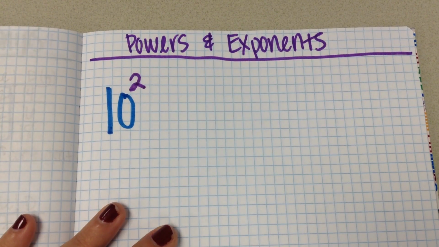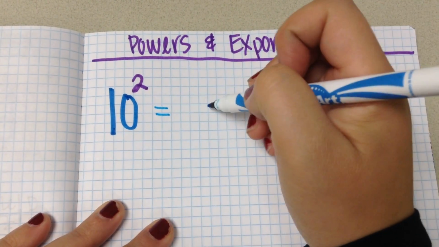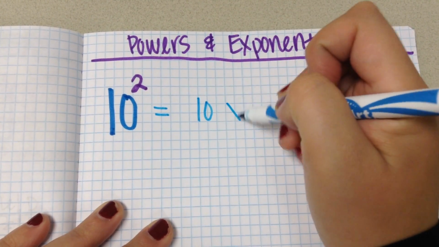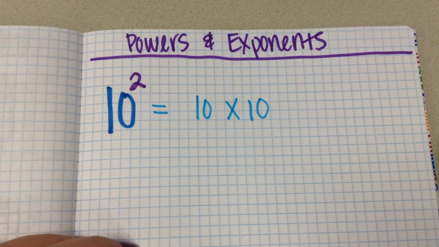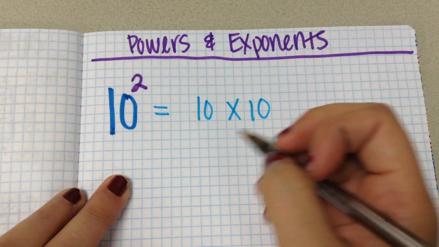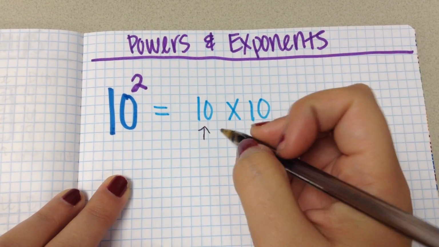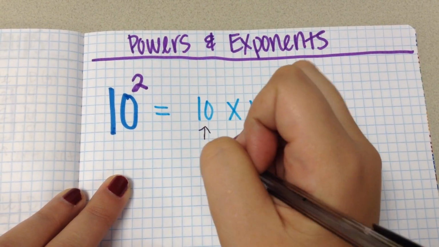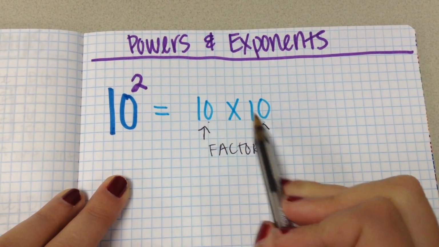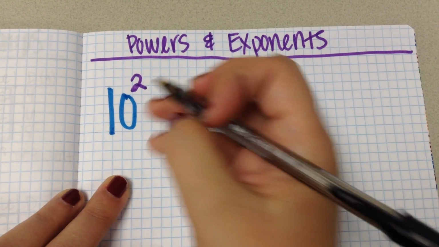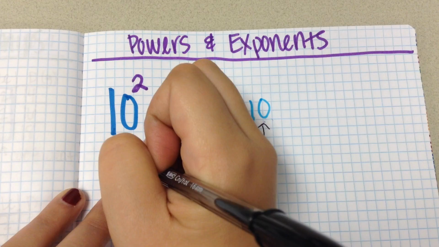Now this can be written as 10 times 10. Okay, now these two numbers right here, these are my factors. Okay, these two numbers are my factors. This number right here is the base.